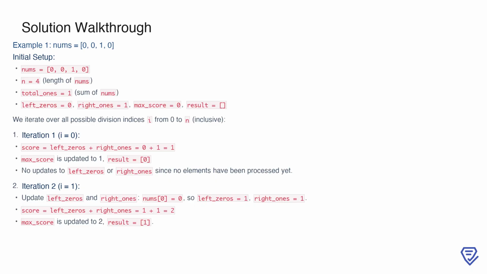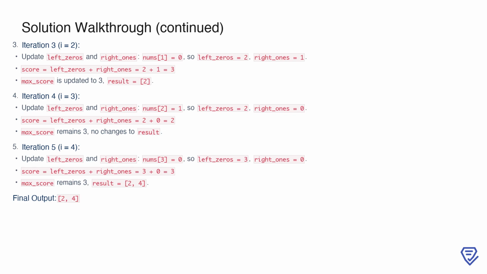The score becomes 1 plus 1 equals 2, which updates max_score to 2, and the result is updated to 1. In the third iteration, when i equals 2, we process nums[1] equals 0, so left_zeros increases to 2, and right_ones remains 1. The score is calculated as 2 plus 1 equals 3, which updates max_score to 3, and the result is updated to 2.